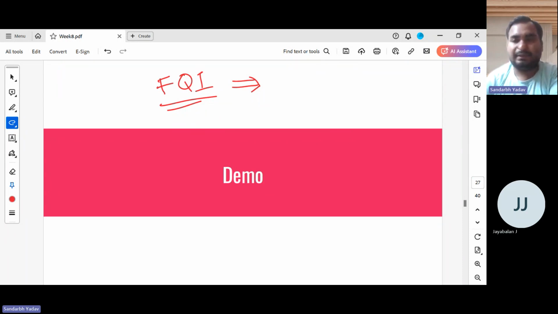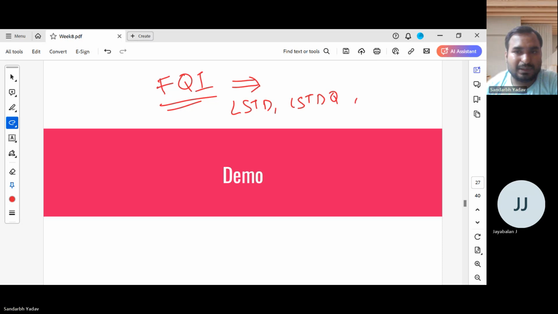So now, since the demo is covered and I covered FQI, from now on these algorithms are rigorous, so you cannot cover all of them in one session. You can try out LSTD, LSTDQ, and least squares policy iteration. But the thing is these are slightly old. Nowadays most people go for deep RL.